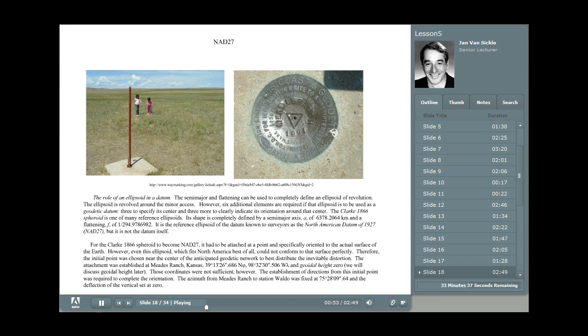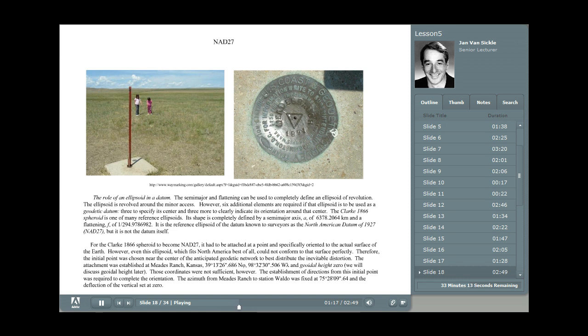Now, the Clark 1866 spheroid, which is an ellipsoid, was one of many reference ellipsoids, and its shape was completely defined by a semi-major axis, 6378.2064 kilometers, and a flattening, F, 1 divided by 294.9786982.